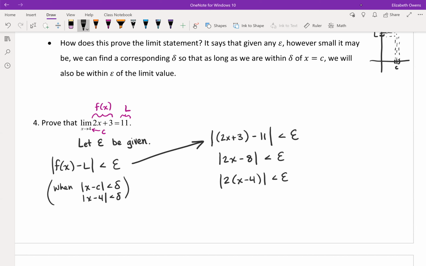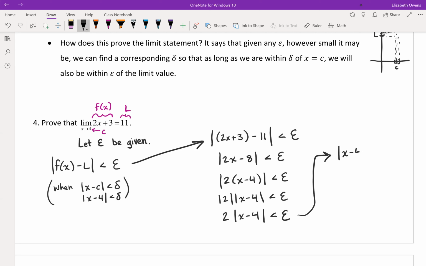So we are going to split our absolute value here. Absolute value of 2 times the absolute value of x minus 4 less than epsilon. And absolute value of 2 is 2. So now we have 2 times absolute value of x minus 4 less than epsilon. We'll divide by 2 on both sides.